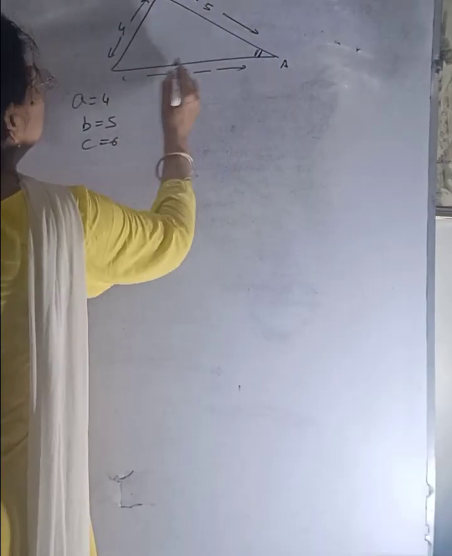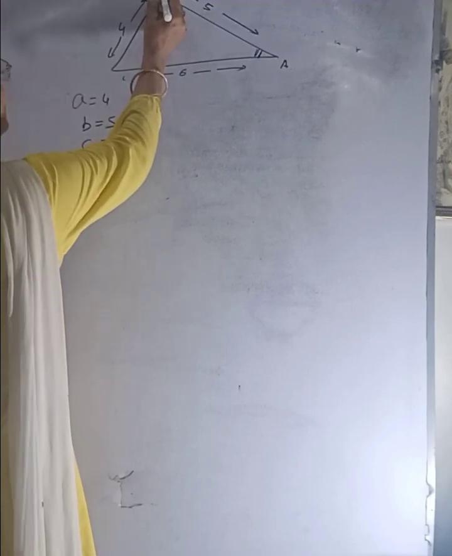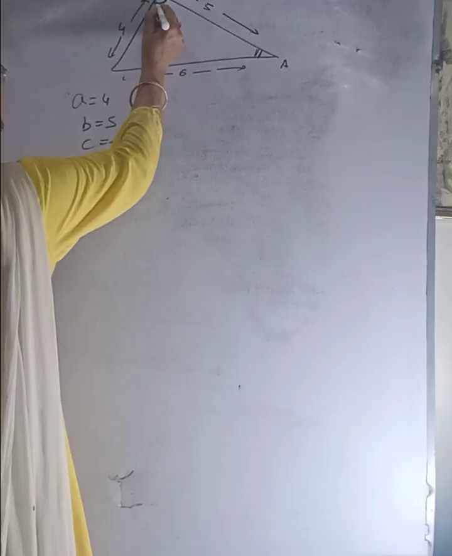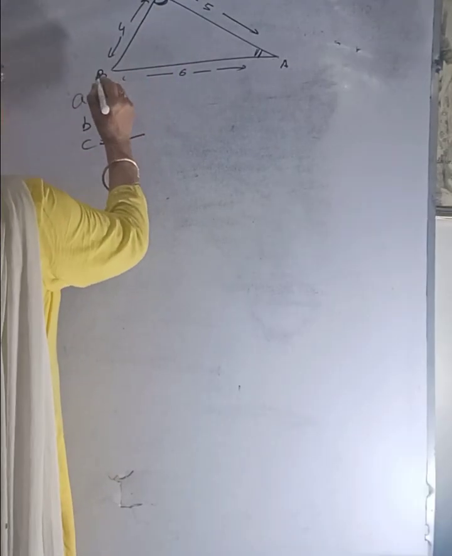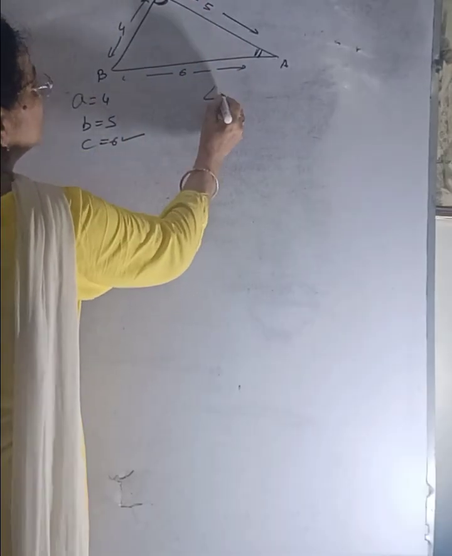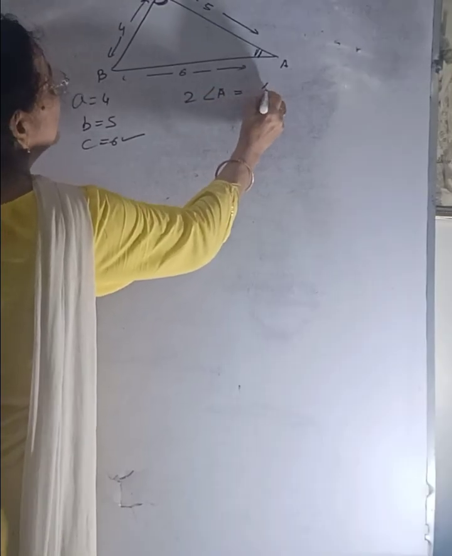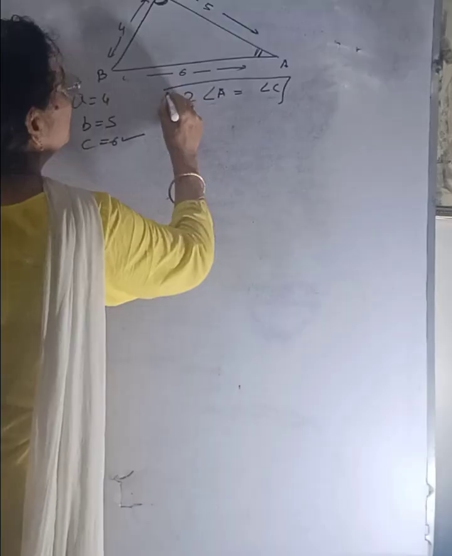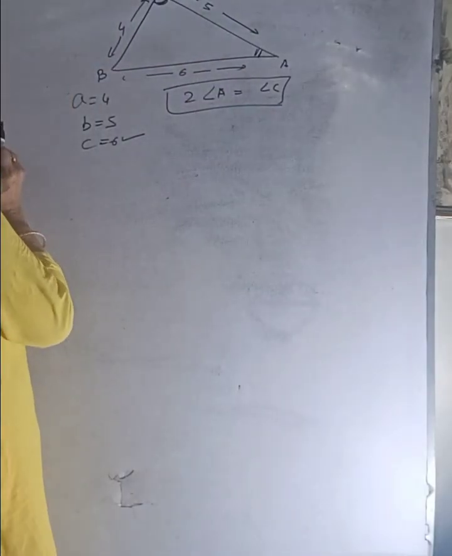This is side C, this point will be C, the biggest angle. And this will remain B, which is 5. It means we have to prove 2 times angle A is equal to angle C. This is to be proved. Okay? How can we prove this?